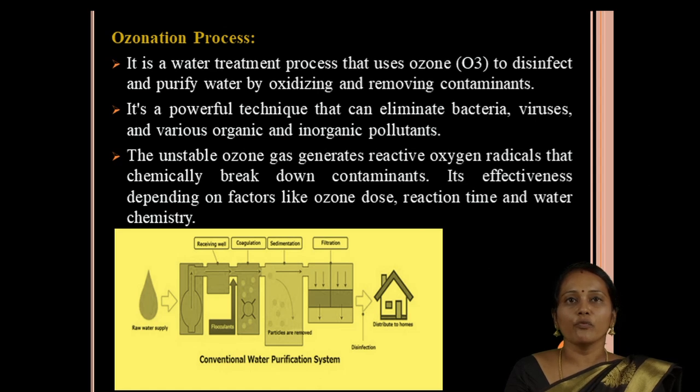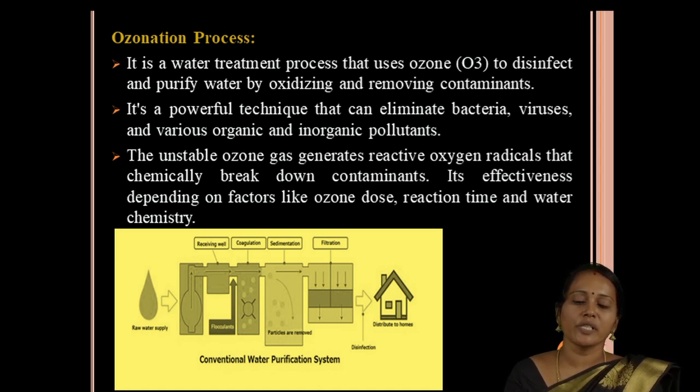It is a powerful technique that can eliminate bacteria, viruses and other harmful microorganisms. The unstable ozone gas generates reactive oxygen radicals that chemically break down the contaminants in microorganisms. Its effectiveness depends on factors like ozone dose, reaction time and pH value.